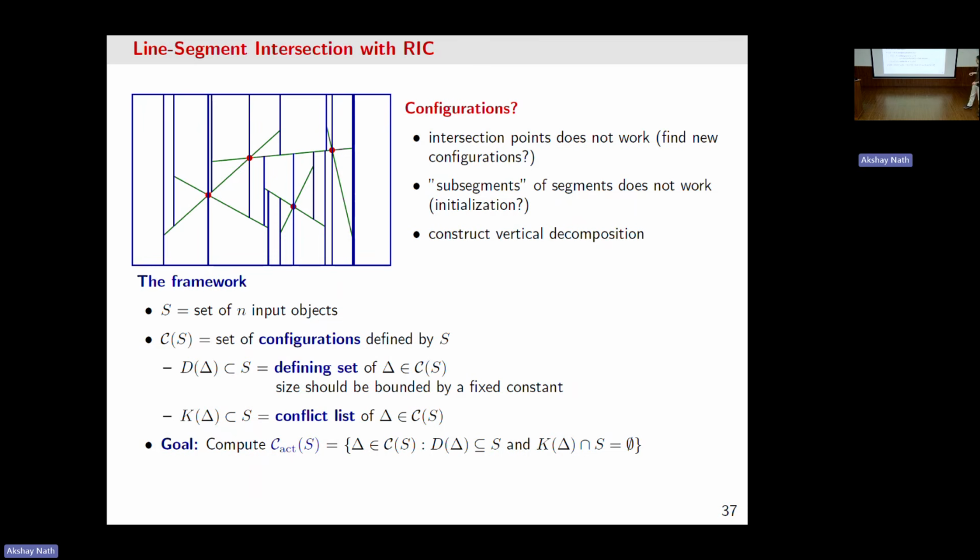Let's do this on the board. Set of objects. Okay, that should be, as always, simply the input. So S is my set of segments. The configurations are all possible trapezoids and triangles that you could ever imagine arising from these segments.